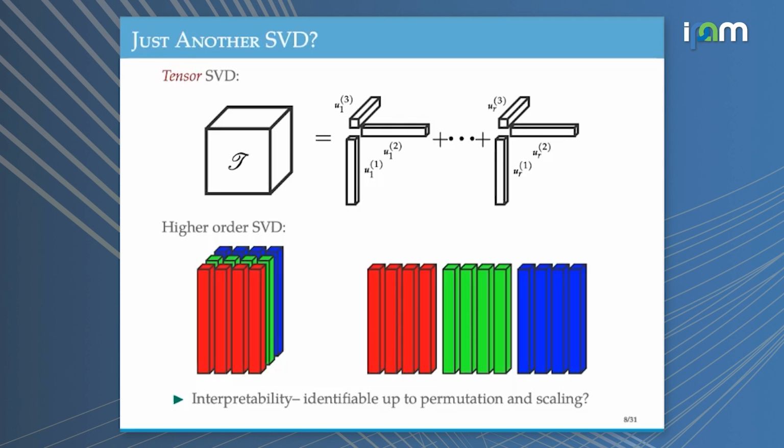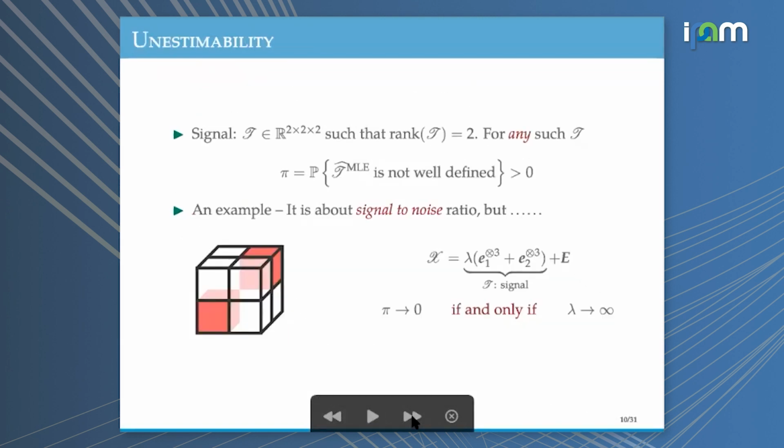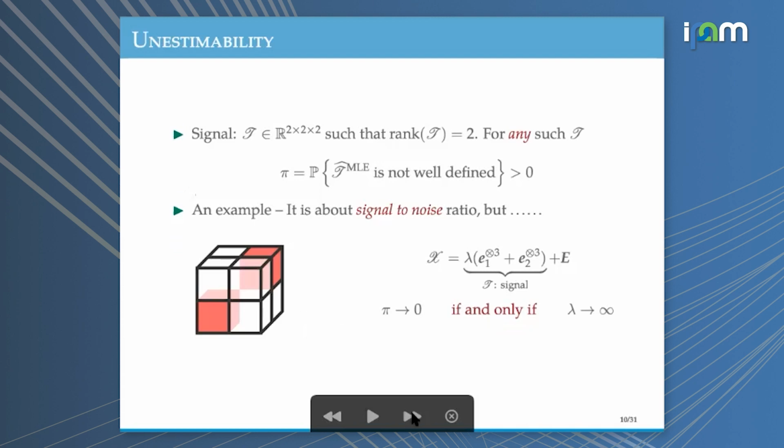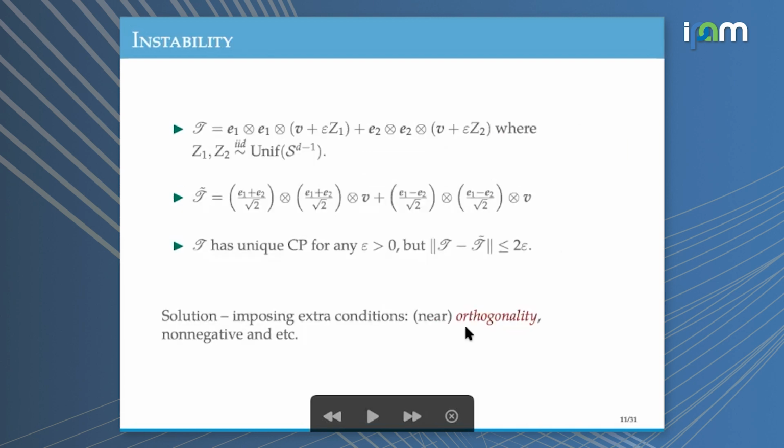But what I want to argue, in just a couple of slides, is that you don't want to do that, precisely because of this behavior. One, because of the unestimability. And in the next slides, I'm going to talk about how it also has implications for estimation, because this is very unstable if you don't impose any assumptions on it.